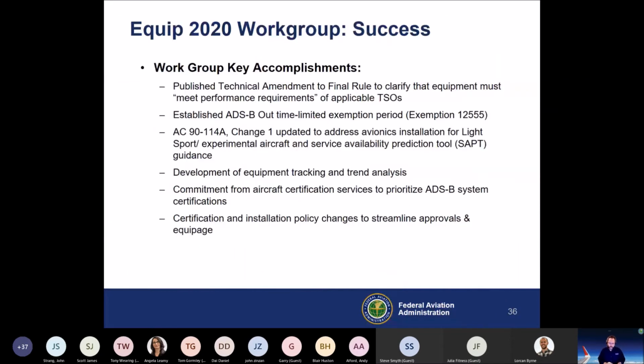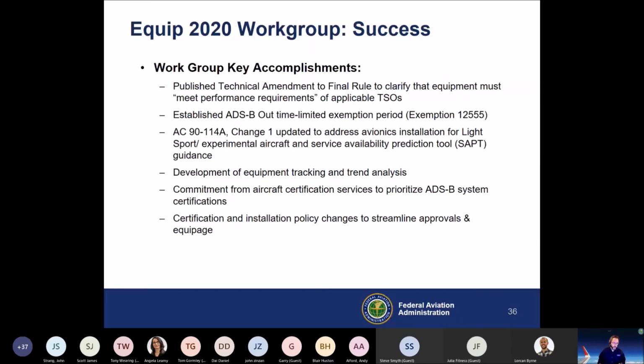So here's some of the key things that we were able to accomplish through this process. We published technical amendments to the final rule to clarify that equipment must meet performance requirements of applicable TSOs. We established this ADS-B out timeline exempted period. So there was concern around the position sources that some older aircraft were using that weren't always able to meet the performance requirements of the ADS-B equipment.